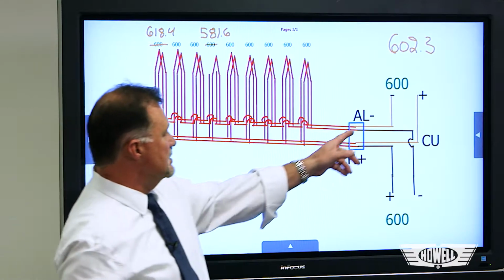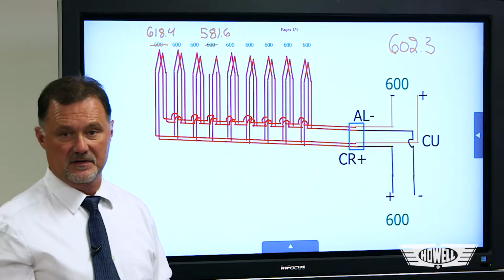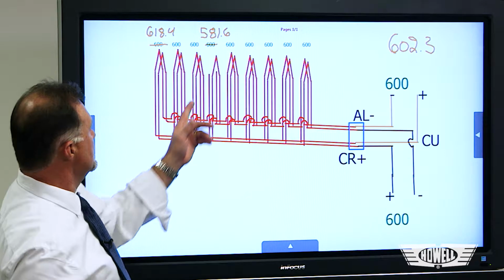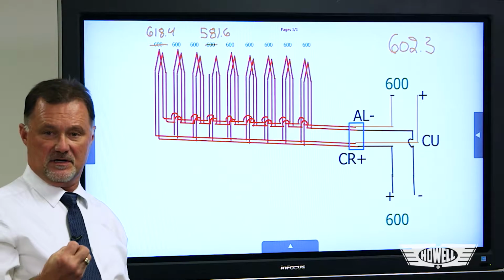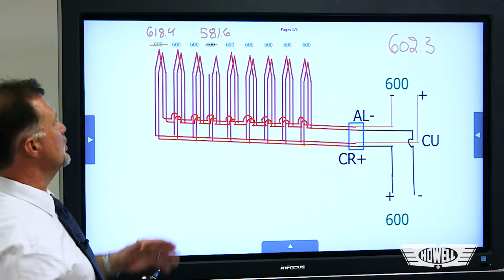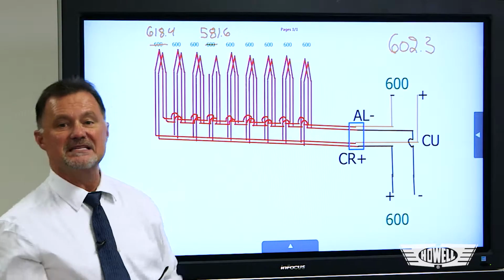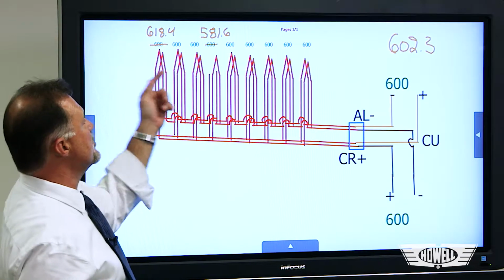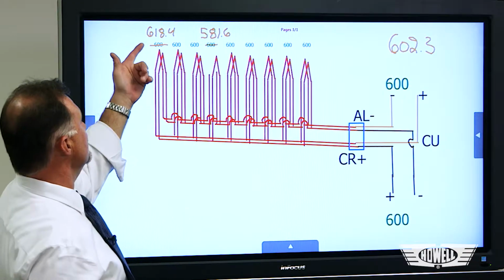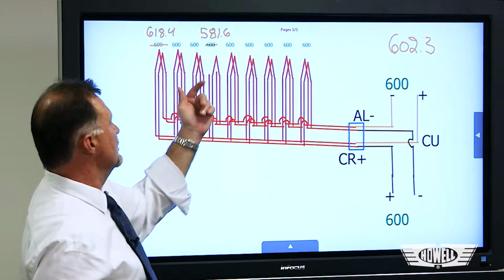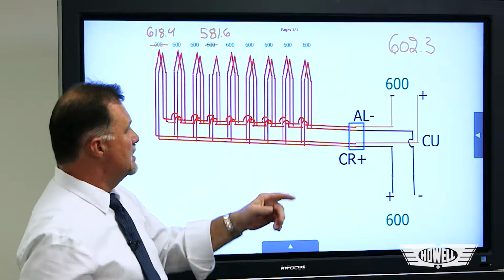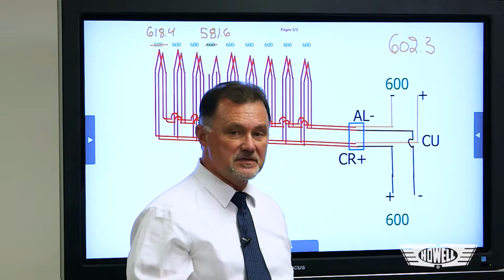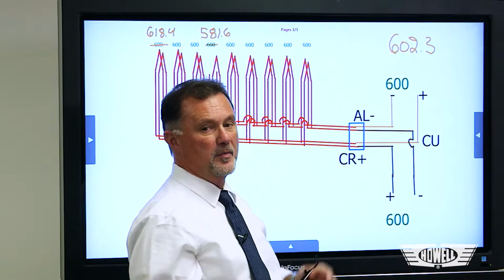Once again, still doesn't affect the overall average of 600 degrees. Unless, of course, thermocouple 4 is then dropped out of the circuit. So once that's dropped out of the circuit, no longer is it the average of these 9, it's the average of the remaining 8. So you take the 618.4 plus 600 and so on, and the average will then at that point go up to 602.3 with an open thermocouple.